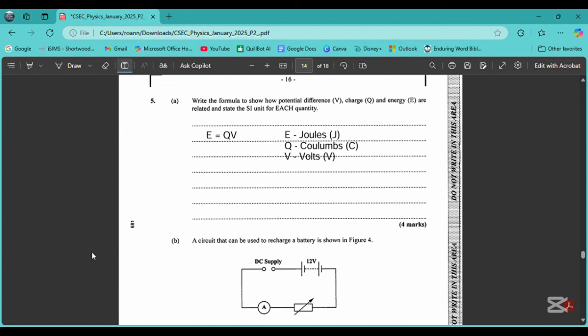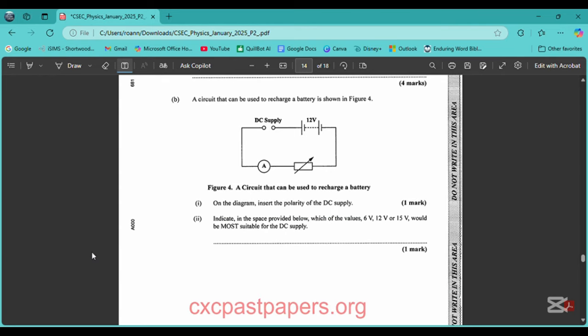Moving on to question B. A circuit that can be used to recharge a battery is shown in figure 4. Now I says to insert the polarity of the DC supply on the diagram.